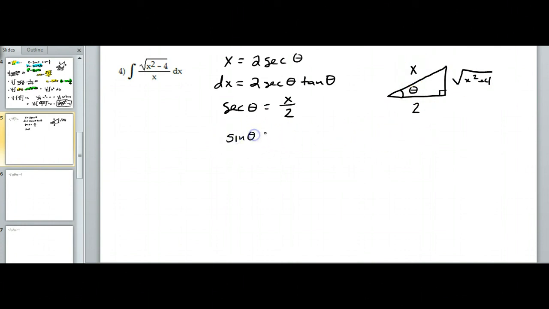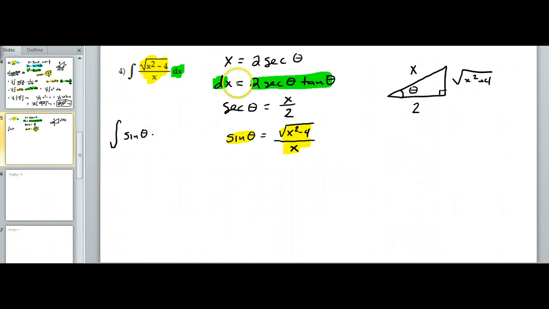So the sine theta is equal to what we have in our integrand, the square root of x squared minus 4 over x. And then this dx is 2 secant theta tangent theta d theta.